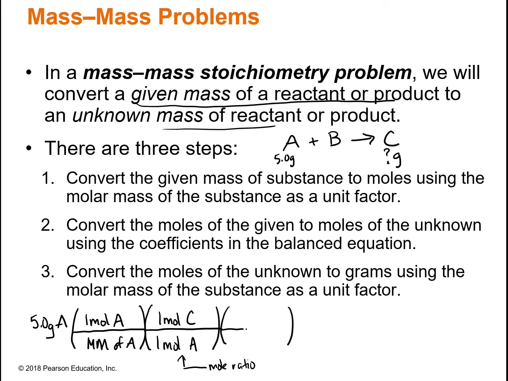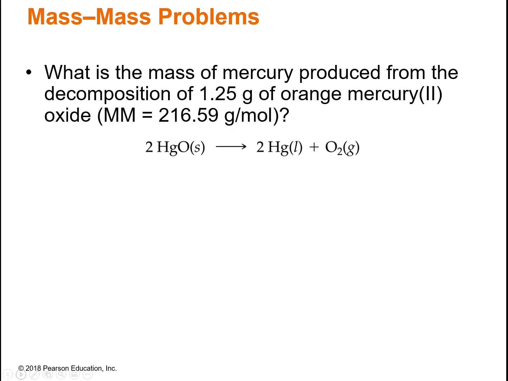The third part is to convert the moles of C to grams of C, and we're using another molar mass here. That's the steps for mass to mass. Now I'll show you an actual problem. And this will help you.